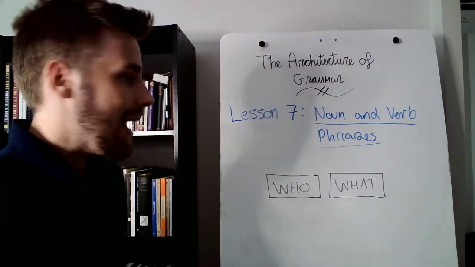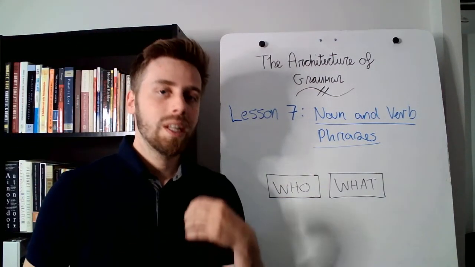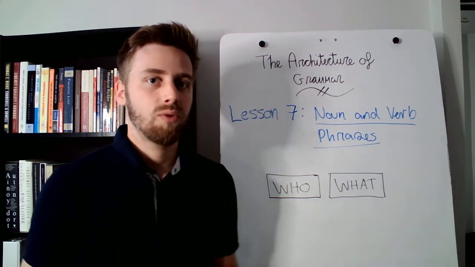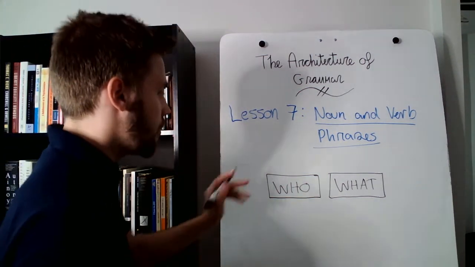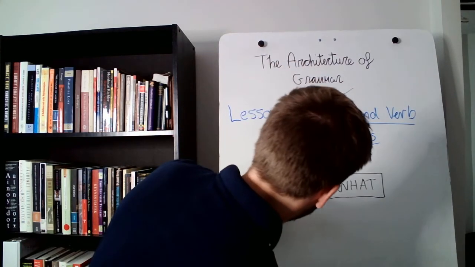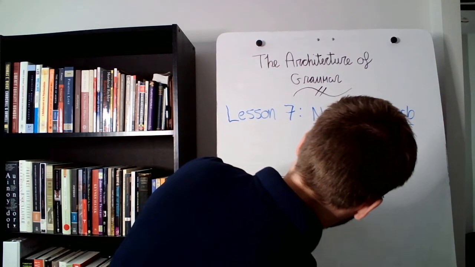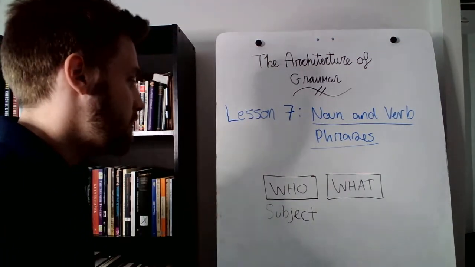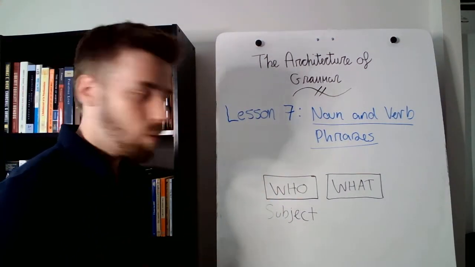So let's talk about noun phrases, and let's really trace the distinction between just a noun and a noun phrase. Again, we've said that the who, that's the subject in the sentence, but the subject can be multiple words.